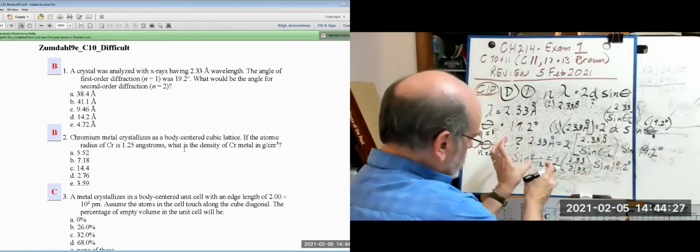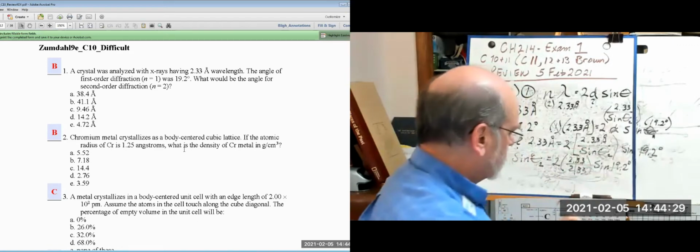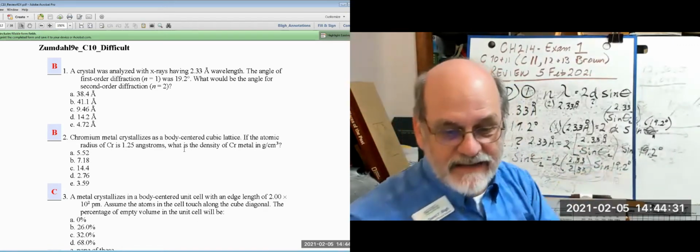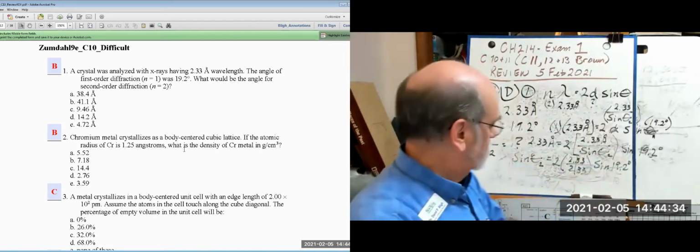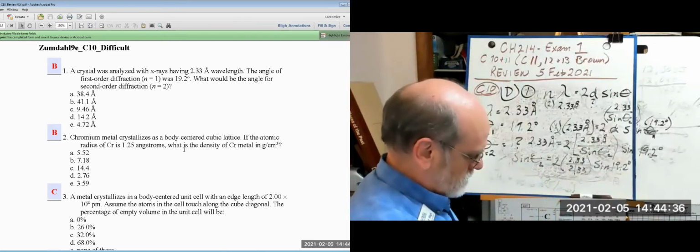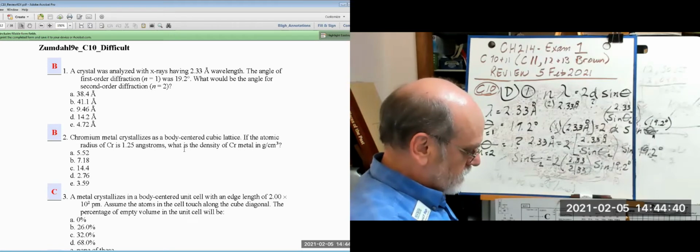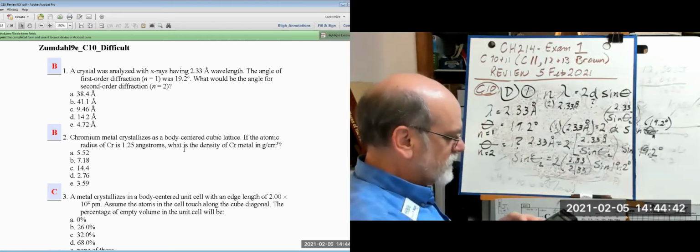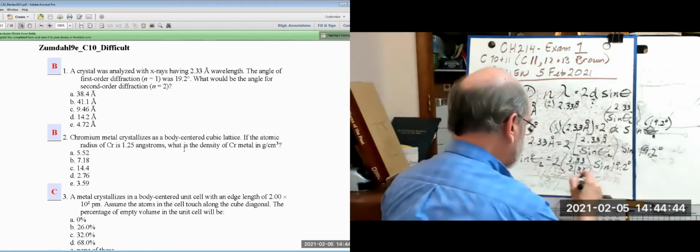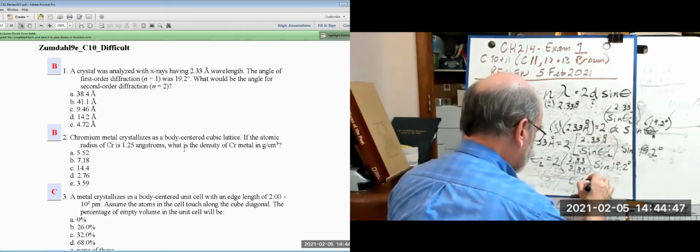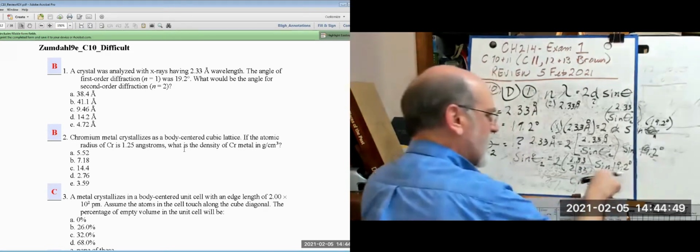So now, this term is equal to that term, and all we need is the sine of 19.2 degrees times 2. So you have to know where it is on your calculator. 2 times, and that's 0.6577.